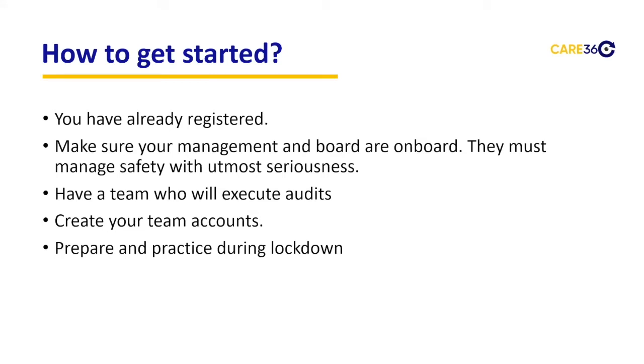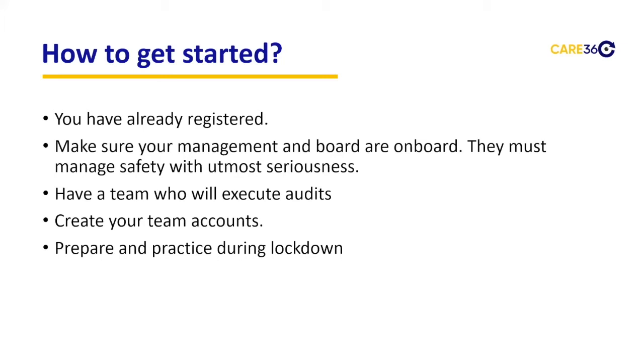All you need to do at this point in time is to make sure that you have enough approval, sufficient approval, and go ahead from your board and management. They are also in this with the requirement of commitment and seriousness. You will have to identify a team who will execute these audits or checks or verifications or inspections.